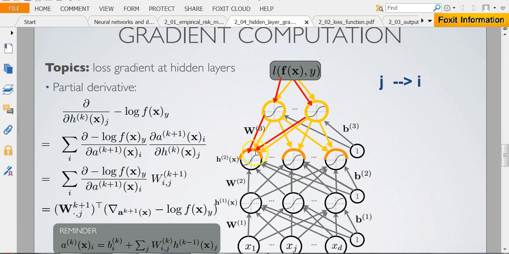But of course we also have to do it this way as well. Because when this changes, this also changes, and that affects this. So in other words, even though we're just doing from this node here, the jth node in layer h, which is just one node, still we have to consider all these nodes here. So that's why we have sigma i here.